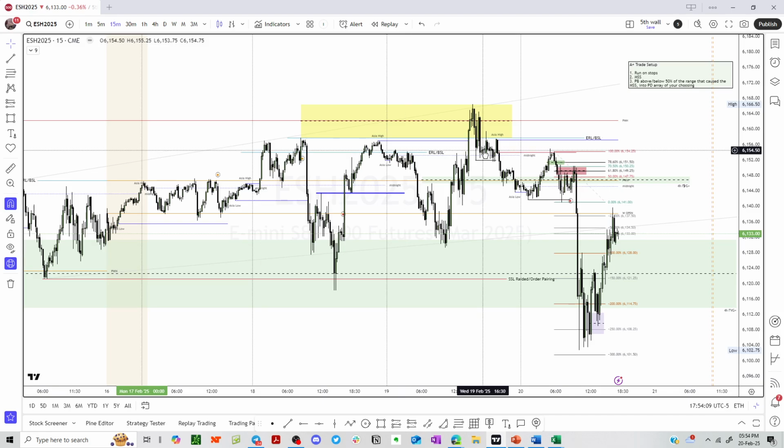Hit this consolidation here, or broke above it, retraced back down into here, retraced back up, and then dropped. Retested this consolidation here on this candle, pulled back again, came back up, broke, ran.